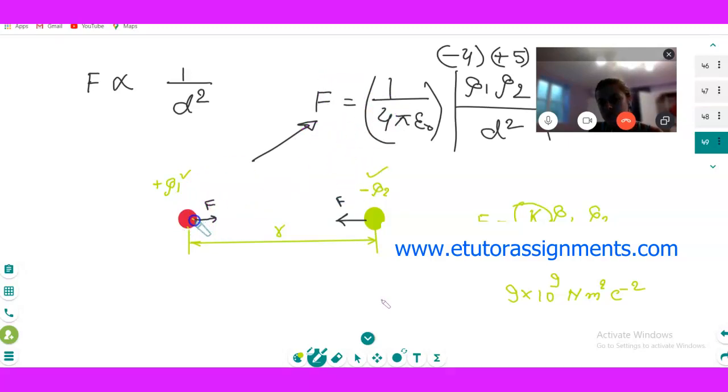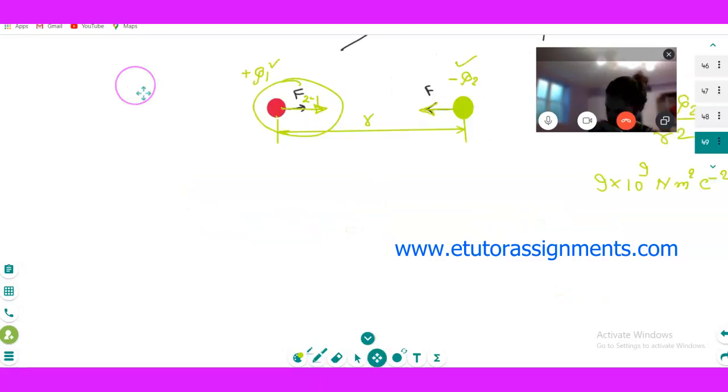One charge's force is in this direction, and the other charge's force is in the other direction. So there are two forces: F1 is the force due to Q2 on Q1.